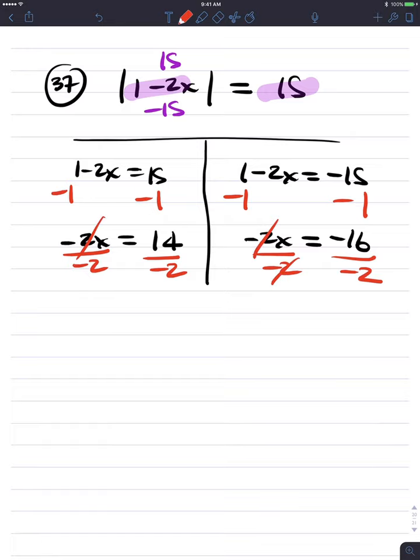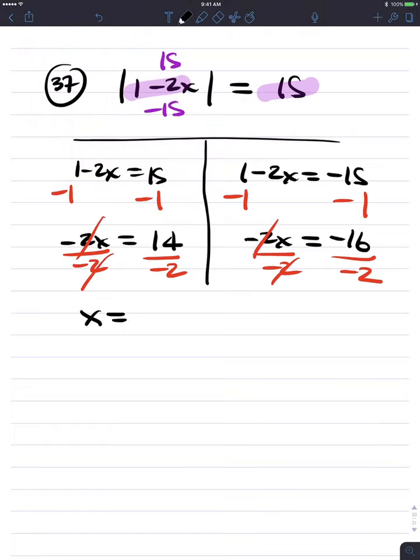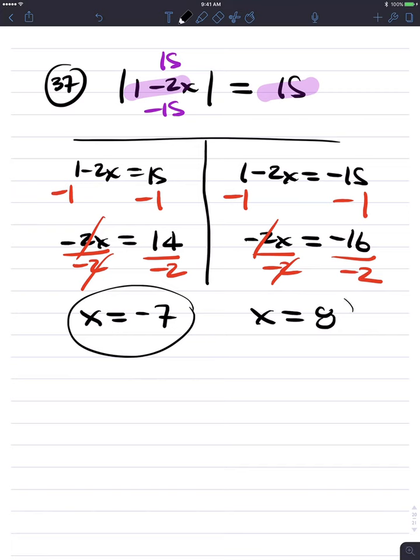Gone, gone, gone, and gone. We obtain x equal to a positive over a negative. X equal to, this is going to be 8, 2 negatives here. Our solution is negative 7, comma, positive 8. This is our solution set.